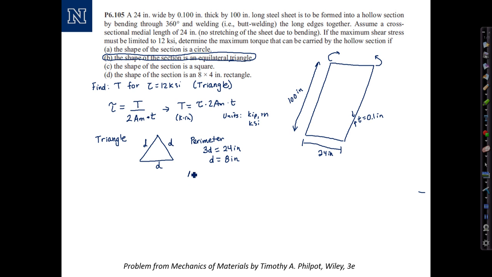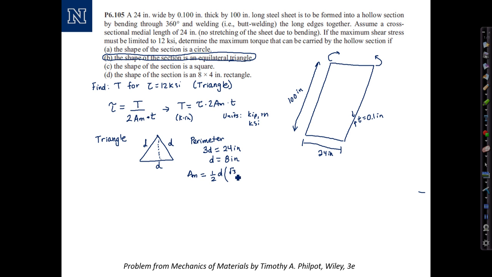So to find the area of that triangle, we need 1/2 times the base dimension, which is D, times the height. And because this is a 60-30-90 triangle, we know that that intermediate height is equal to √3 over 2 times the edge distance.